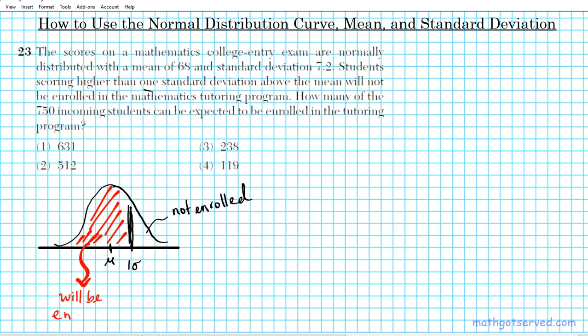So there are 750 students in general. What percentage of these students fall in here? If we can determine what percentage of the population is less than one standard deviation from the mean, then we can just multiply that by 750 to determine the numbers.